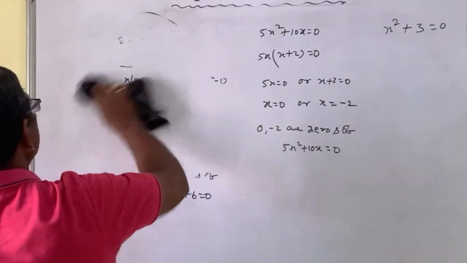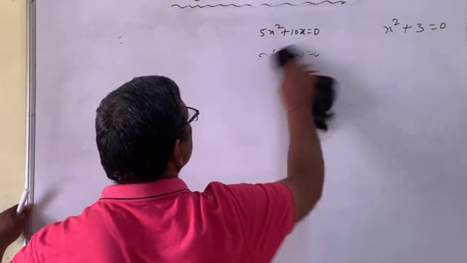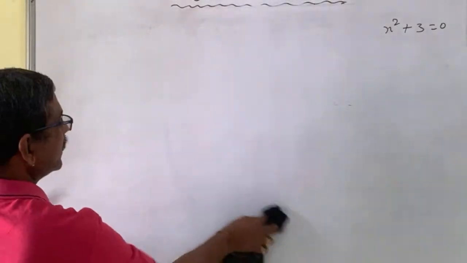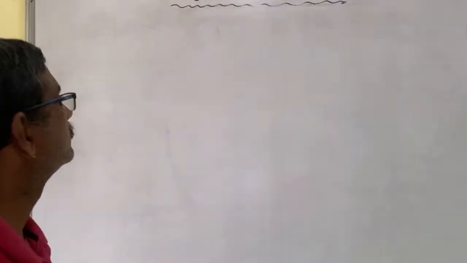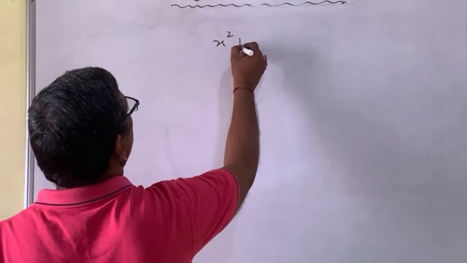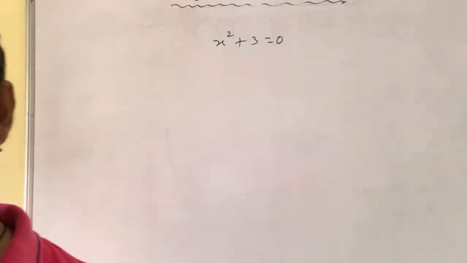Splitting the middle term, and the second model is also easy. See the third one separately. x square plus 3 is equal to 0. How to find out the zeros of this polynomial?